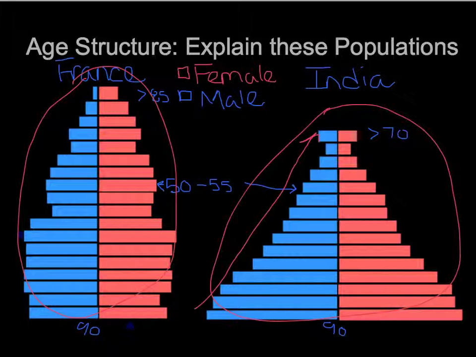This is the age of the population, so we notice the ages between 50 and 55 are pretty small in India, a little bit bigger in France. France does have quite a few new people, but if we were to look at these curves, we would anticipate that India is going to see a pretty big growth spurt soon as these younger individuals become older and start reproducing.